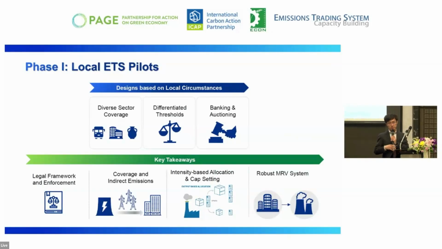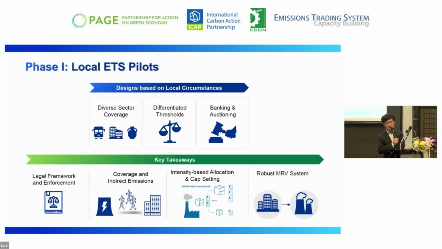For example, at the beginning some of the pilot ETS were using an allowance allocation method like grandfathering, which just considers a company's own historical emissions and compares with its own historical emissions to facilitate more emission reductions. But some of them were implementing the benchmark allocation methodology, which is in place for the national ETS in China.